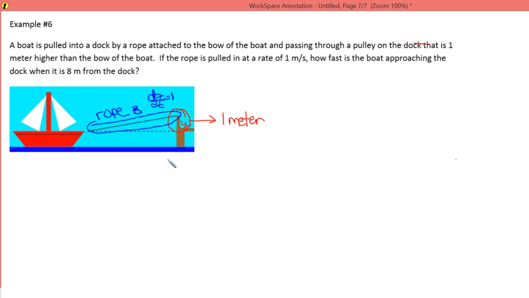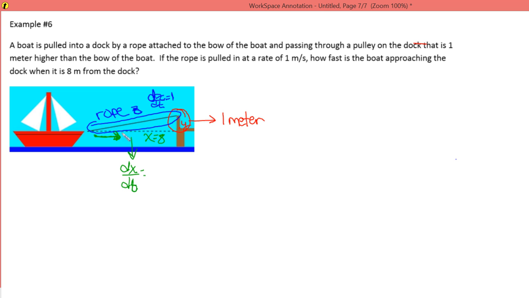And the last quantity they ask us for is how fast the boat is going into the dock when x is equal to 8, when there's 8 meters left. How fast is this moving toward the dock? So what we're looking for is dx/dt.